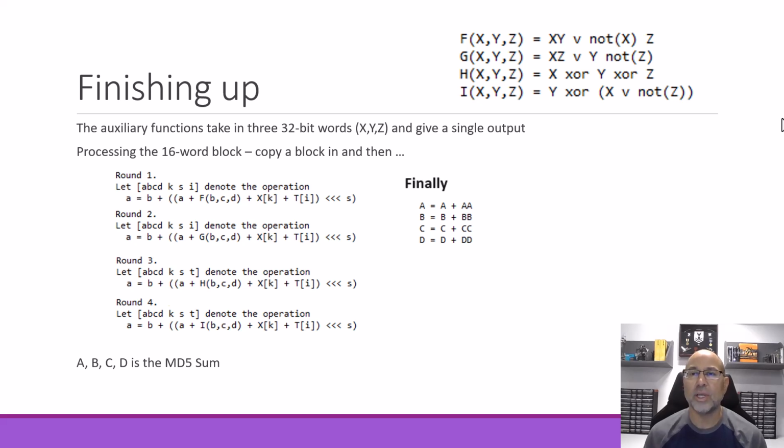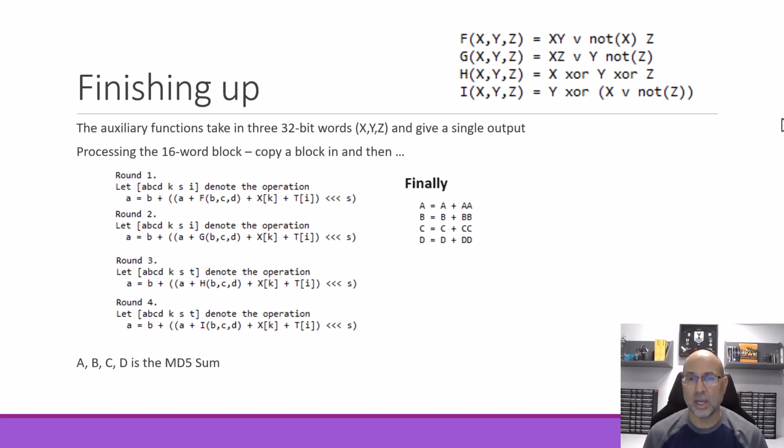So when you look at those, you can read them as the ands and the intersections and the nots of various chunks of data or various 32-bit words. And so that's how you read those aux functions.